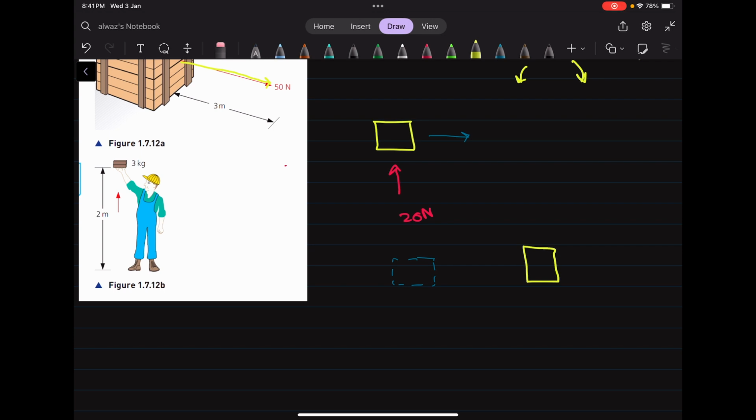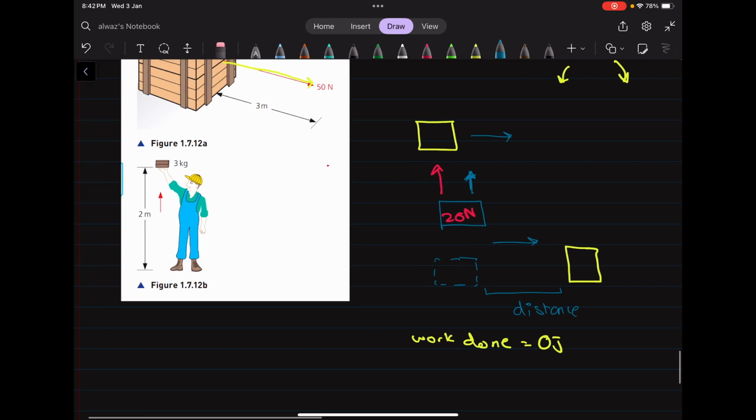The work done on this box is 0 joules. That is because the direction of force is upwards. This 20 newton force acts upwards, but the box moves toward the right. So this distance is not in the direction of force.